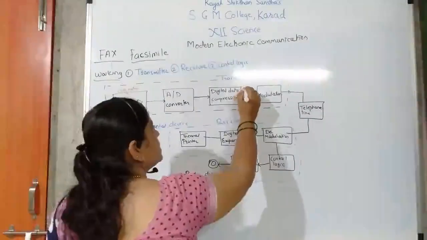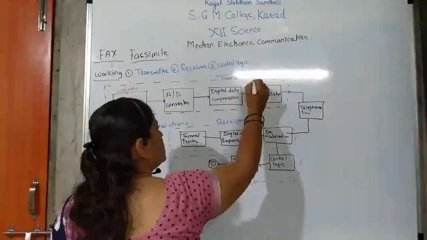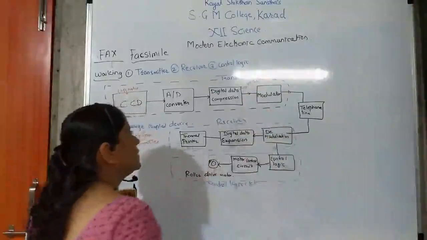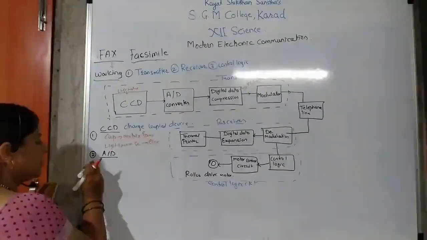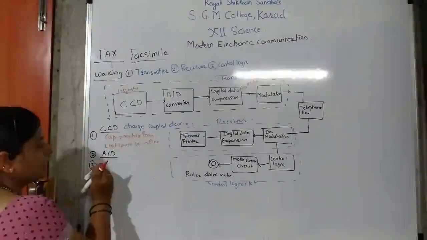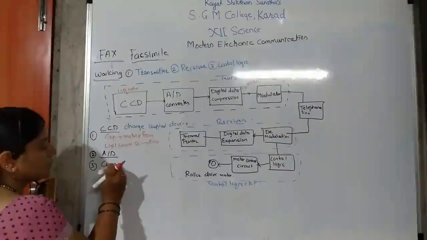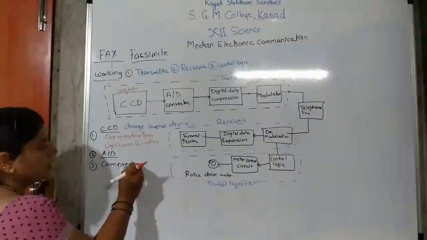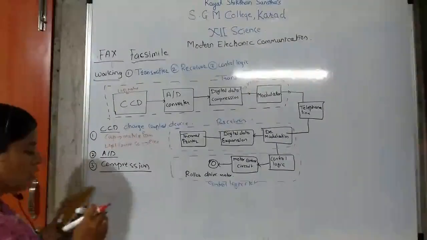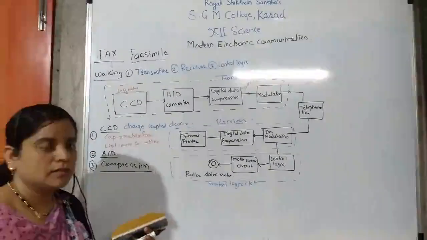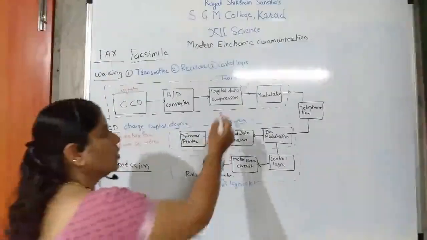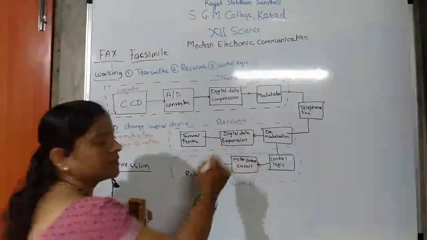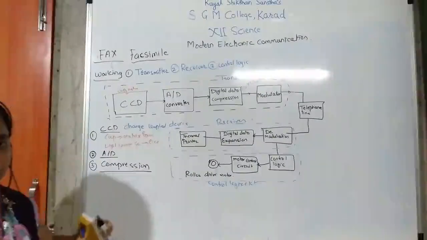Now, what is this digital data compression? The VLSI technique is used in digital data compression. Compression and expansion are two opposite words.